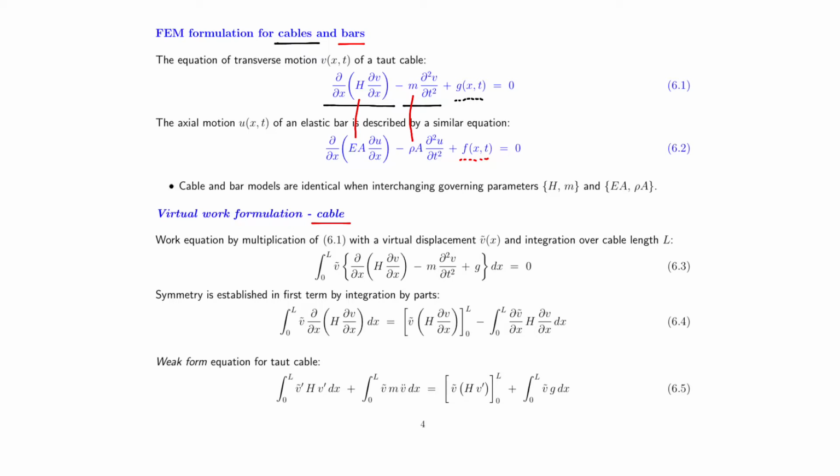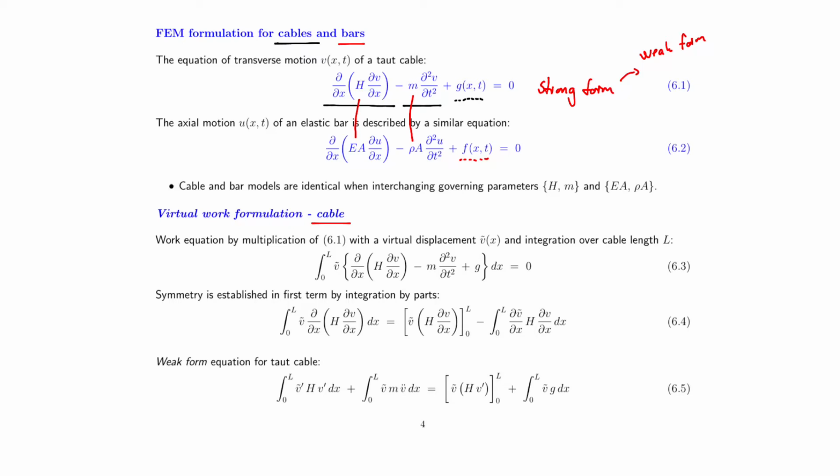The way we're going to handle the partial differential equation for finite element modeling is that we're going to transform the strong form, that is the governing differential equation, into a so-called weak form, that is the symmetric form of a virtual work formulation.